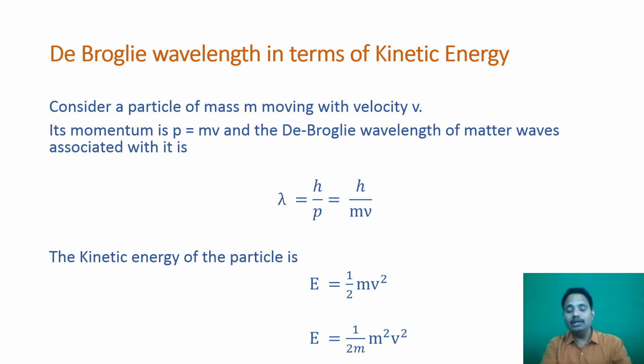So it gives E is equal to half into m square v square over m. This m square v square is nothing but p square, so we can write E is equal to p square upon 2m.